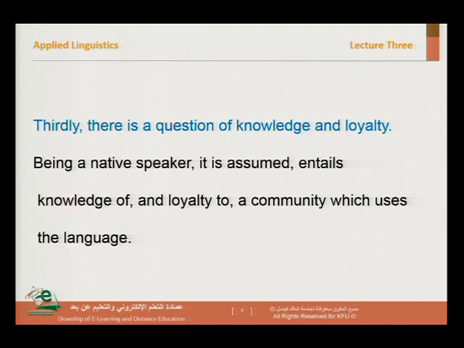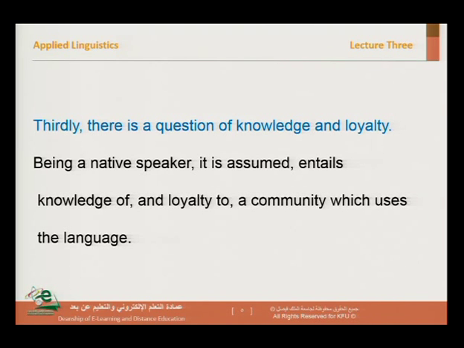Once you are a native speaker, you belong to this group, and it entails knowledge of that community which is using the language. You know your people. You know how they use the language. You know what is acceptable in this community and what is not. So this is the third and last factor about the native speaker.